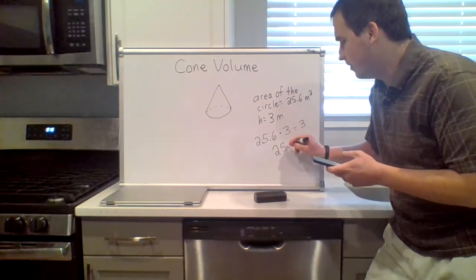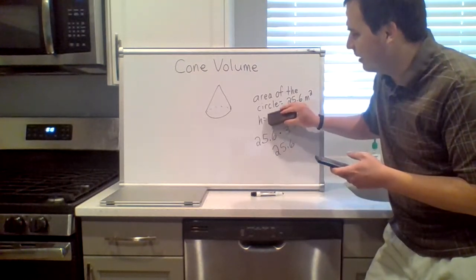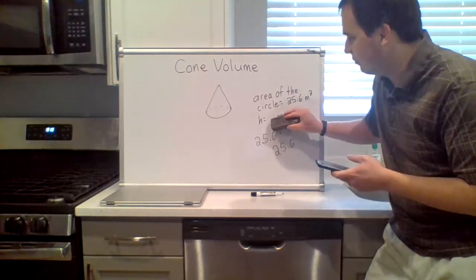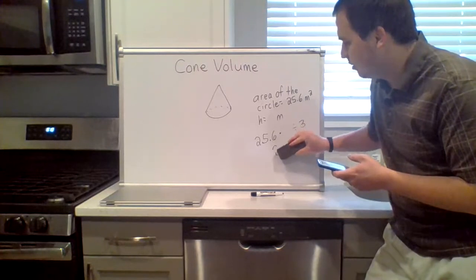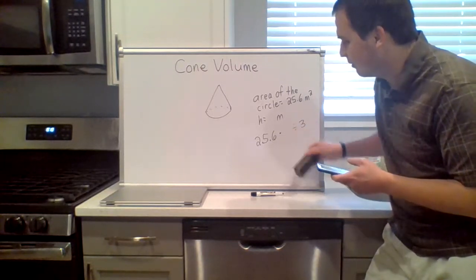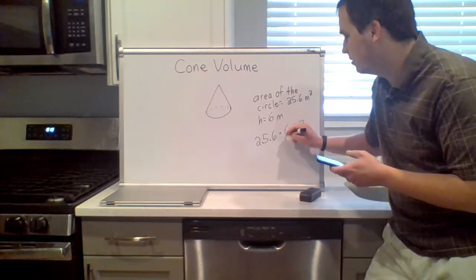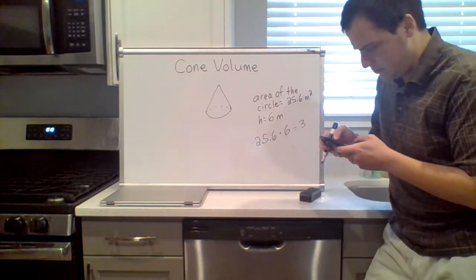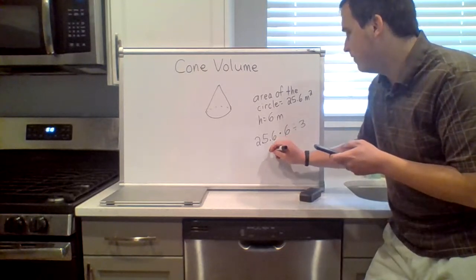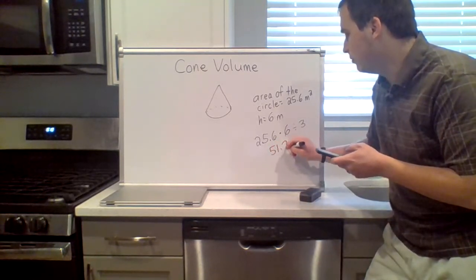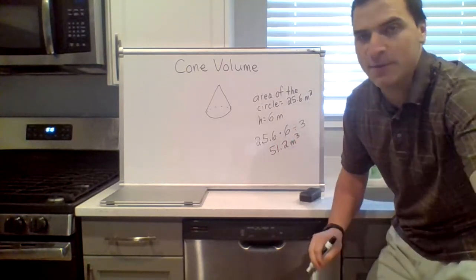The answer is 25.6. So you know what? I want something a little less trivial. Let's change that to a 6. So my answer won't be the same as the area of the circle, because some students will make a mistake there. Okay, that's more interesting. 51.2 meters cubed. Alright, that's how you find the volume of a cone.